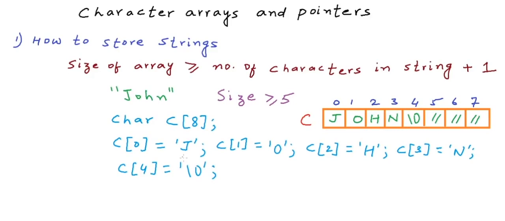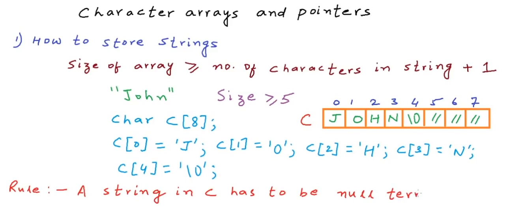Within single quotes we put a backslash and the number 0. This is the null character. All the functions for string manipulation in C expect that strings will be null terminated. So this is a rule. A string in C has to be terminated by a null character, and that's why we need one extra space to store this null character.